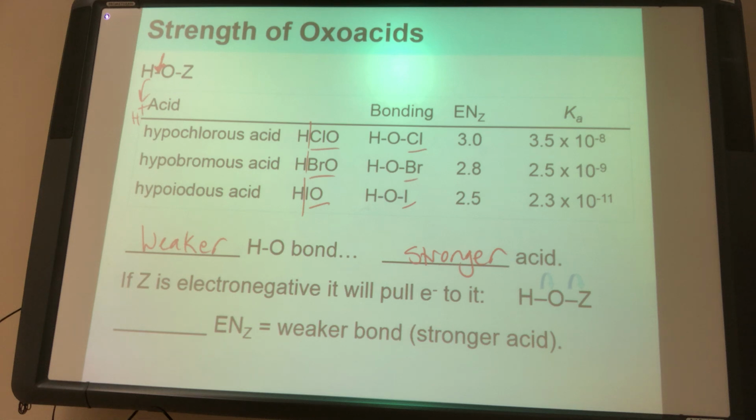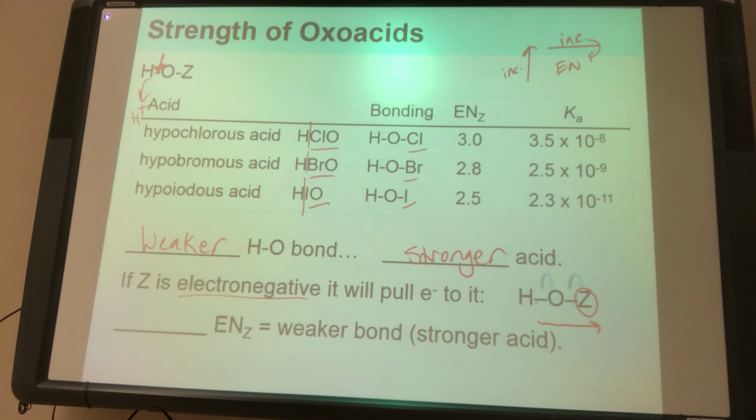But how do we make it weak? How do I make this HO bond weak? This HO bond is going to be affected by the OZ bond. Okay? So, if Z is really electronegative, remember electronegativity increases up and over. So fluorine is the most electronegative. So if this is really electronegative, it's going to pull the electrons towards it.